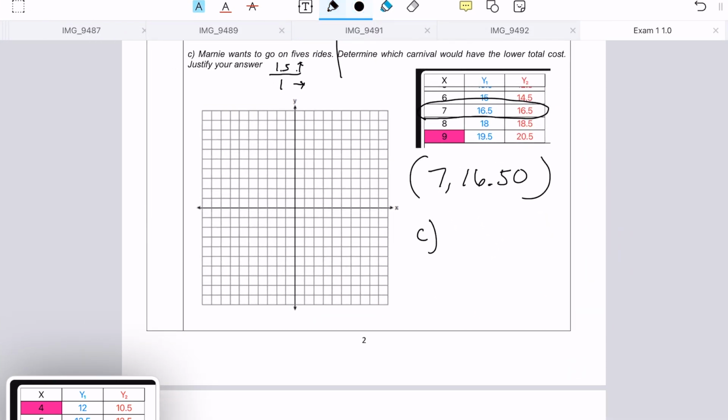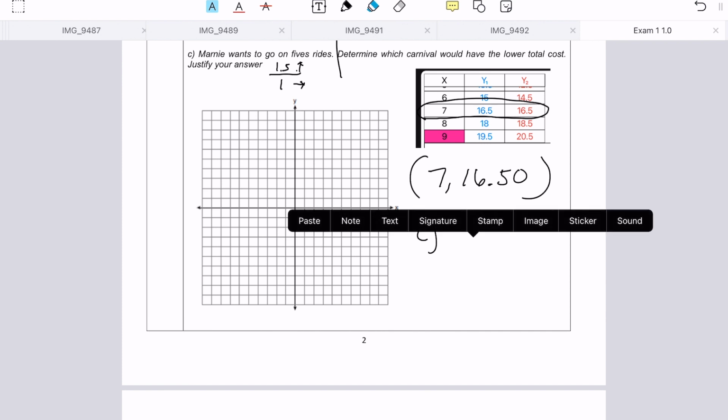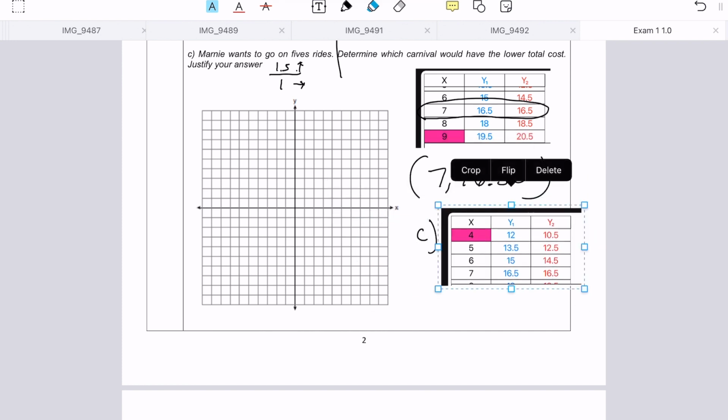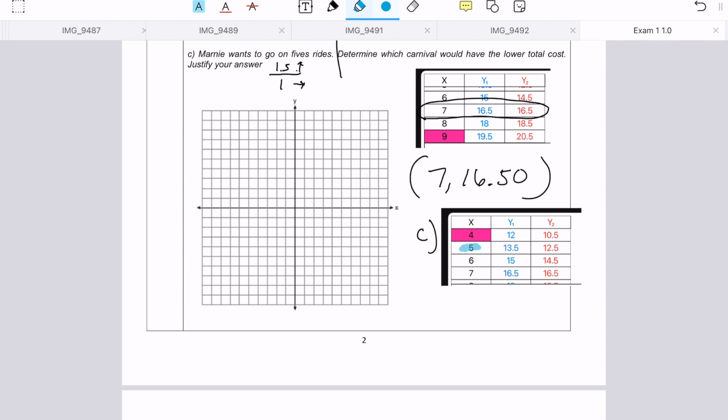So for part C, at 5 rides, Carnival A will cost $13.50.